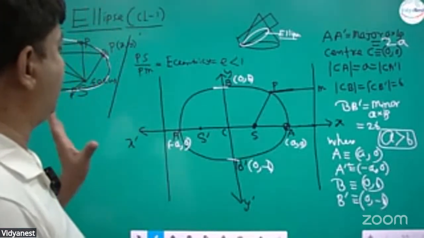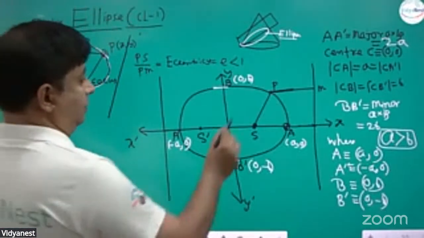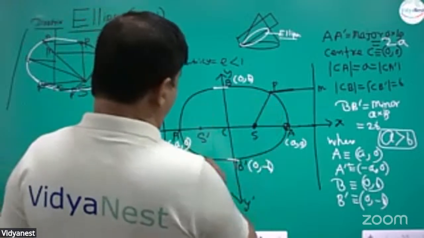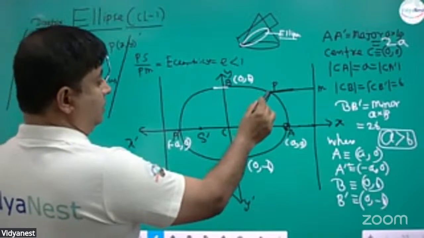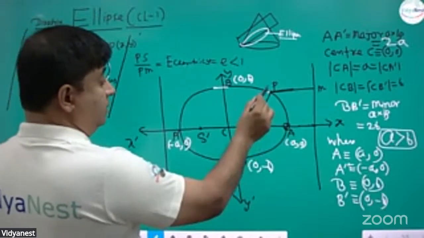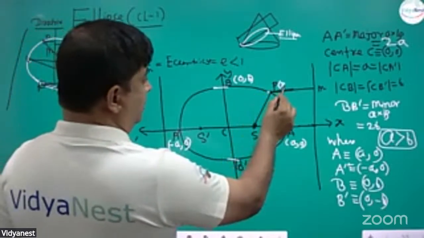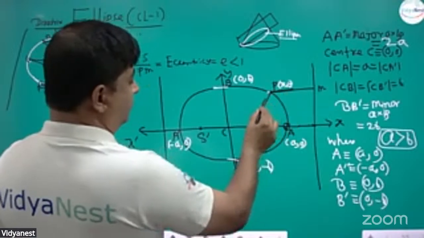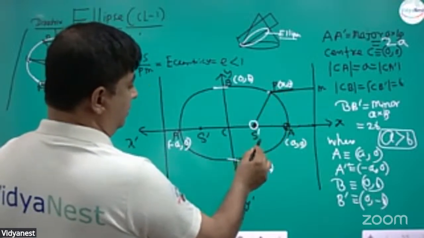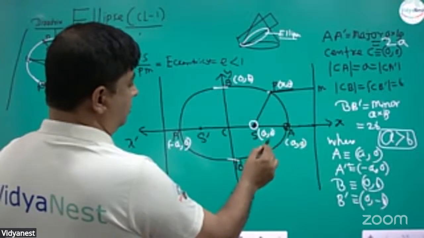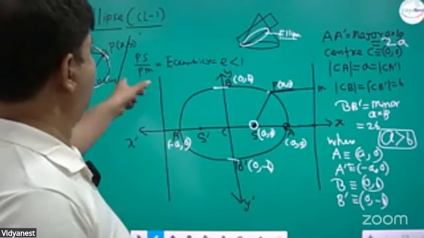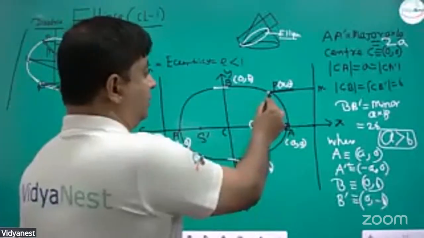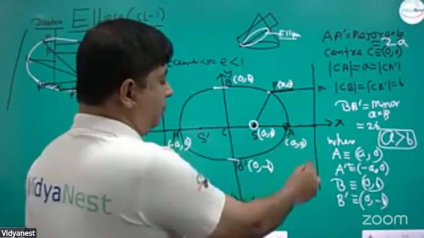So what we have got? This point is moving in such a way that the distance of this variable point, obviously x comma y, from a fixed point A comma 0 is in constant ratio with the distance of the point from this line.